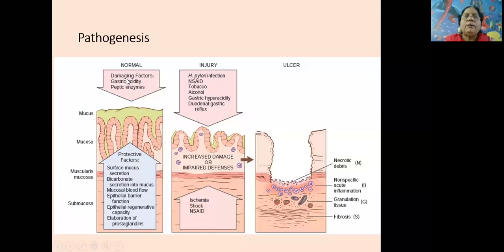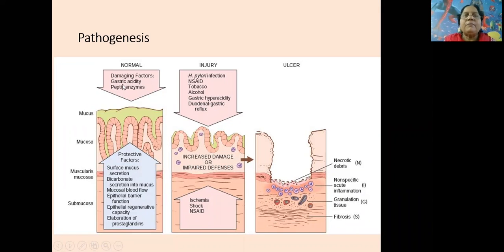And what are the damaging factors? What is the pH of the gastric juice? That is about 1. 1 is highly acidic. So because of this mucus, because of the bicarbonate secretion, the mucosal cells are being protected.